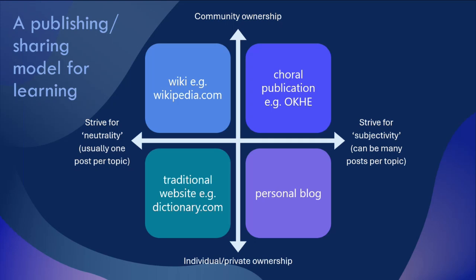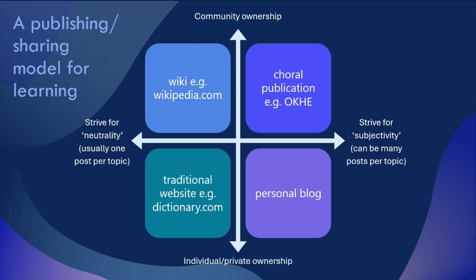So one thing that we wanted to do was to make the course materials community created and owned by the individuals who created them. So one thing we talked about initially was having a wiki kind of setup. But we realized that a wiki has something whereby there is only one page per topic, and it tries to capture, at least in the Wikipedia model, something neutral, and each topic aims to become the best page on that topic.